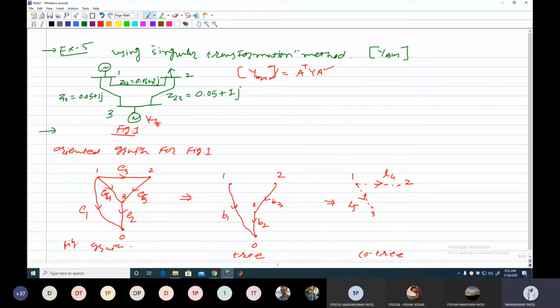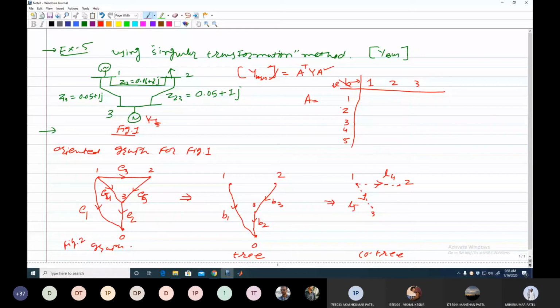So you can directly write down this system matrix. Here the number of buses is 1, 2, and 3, and the total number of elements: how many elements are there in your network? 5. 1, 2, 3, 4, and 5.